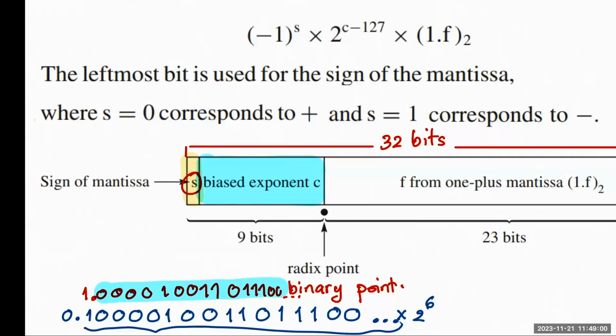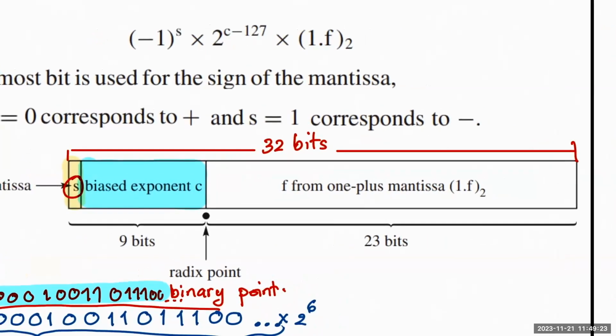Okay, so we store only what we call here 1.f. This F part means the rest of this part, or the number after the 1 point. So we store only F. That is why we say F here. F is from the mantissa.